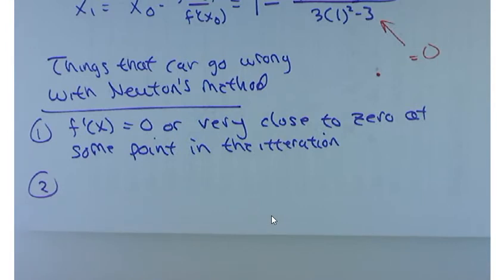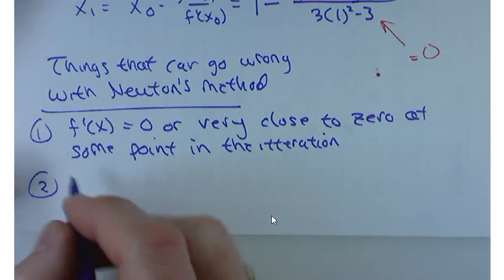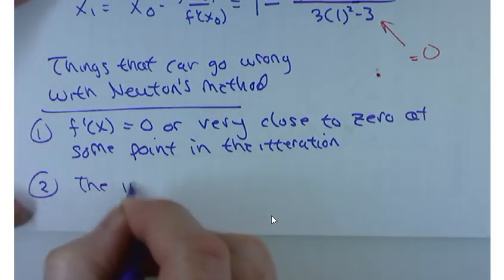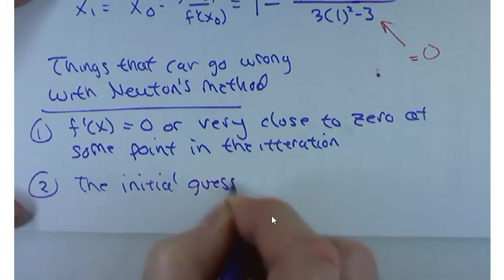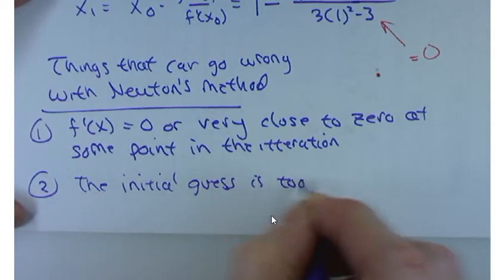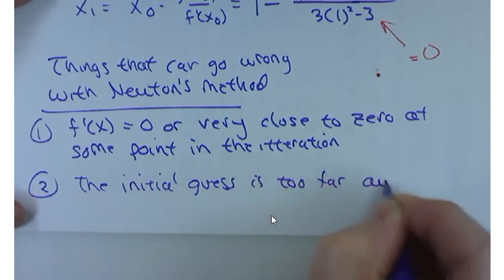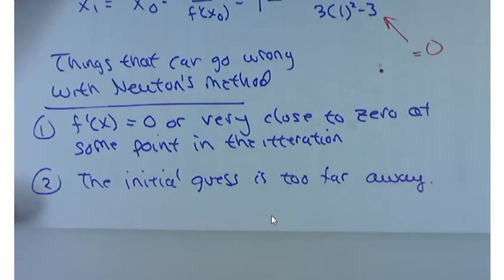The other thing that can go wrong is if your initial guess is too far away, it might not converge. And again, you're going to have problems with some of them. Sometimes Newton's method converges just about no matter what. But other times, it's pretty sensitive.